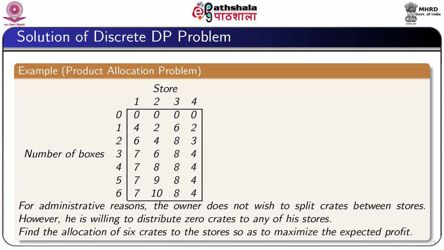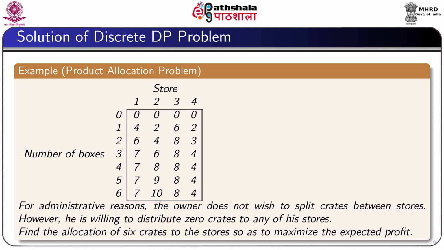And if we allocate 1 box to store 1, the profit is 4, 1 box to store 2, profit is 2, 1 box to store 3, profit is 6, and 1 box to store 4, profit is 2. Similarly, allocations of 2, 3, 4, 5, 6 boxes to different stores are shown in this table.